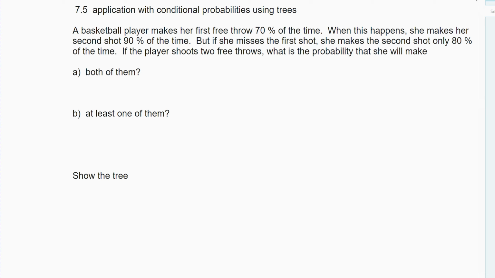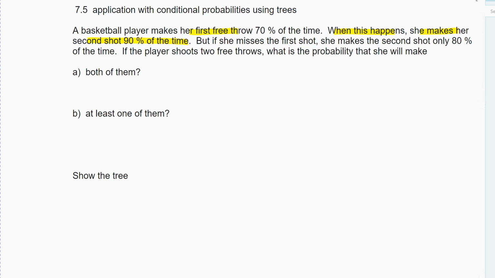Here you have to recognize this isn't the Venn case that we did in the basic probability sections earlier. We have to recognize that these are conditional probabilities, conditional percents. This 90% is based on the condition that she made the first free throw. When the first free throw was made, she'll make the second free throw 90% of the time.